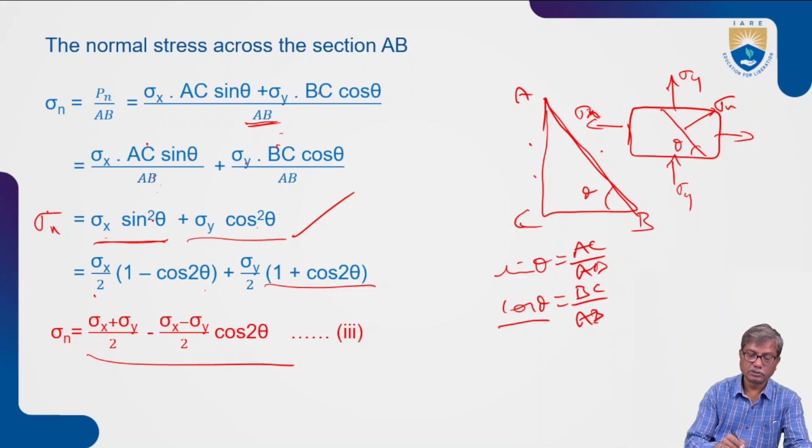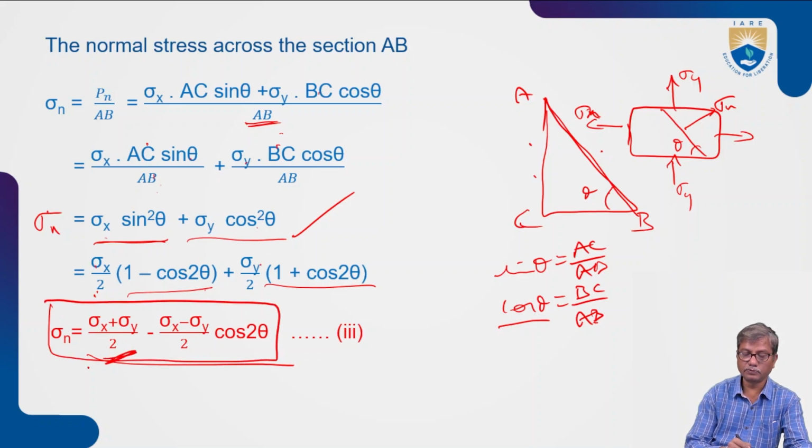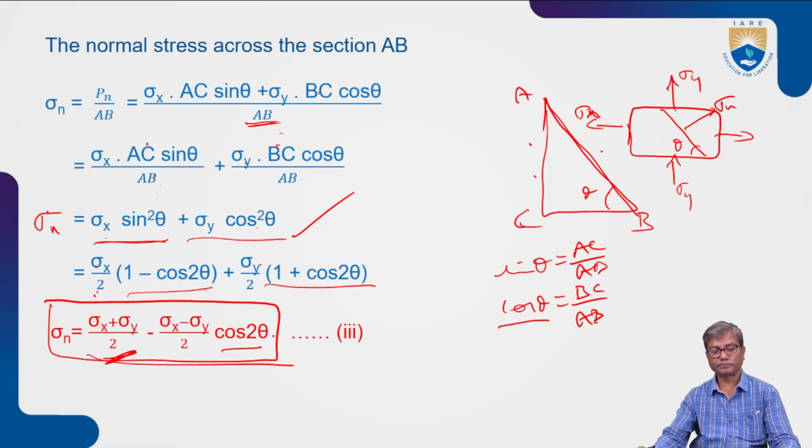Splitting and rearranging, we will get sigma n equal to sigma x plus sigma y by 2 minus sigma x minus sigma y by 2 into cos 2 theta.